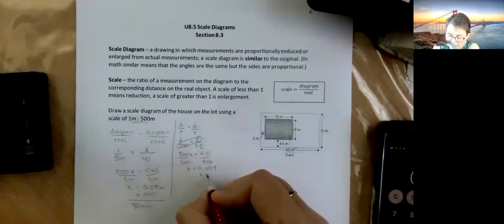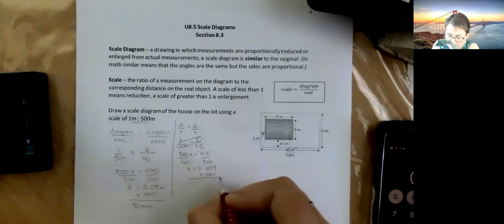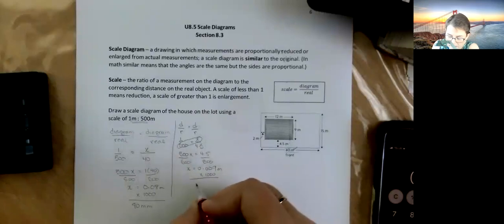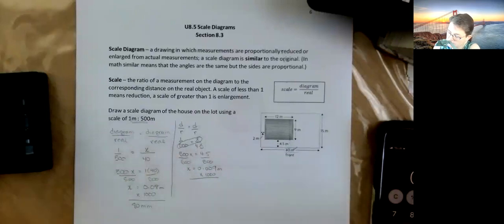Then I'm going to multiply that by 1,000 to change it from meters into millimeters, and that should be 9.